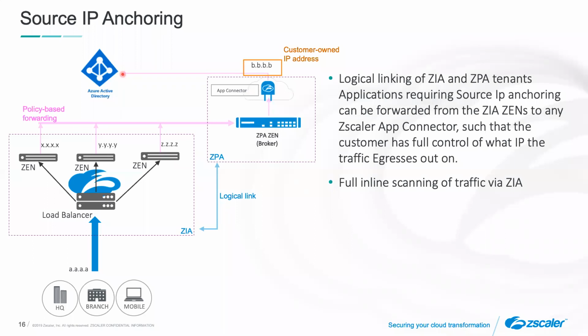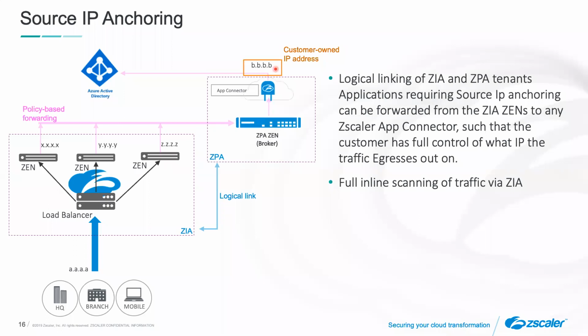What ends up happening in this process is that the source IP that the traffic has is an IP that is owned by you. It is not the same IP that the traffic started off with. The source IP was A.A.A.A, but in the end, the IP is going to be B.B.B.B. But that is not a problem because this is still an IP address owned by you.